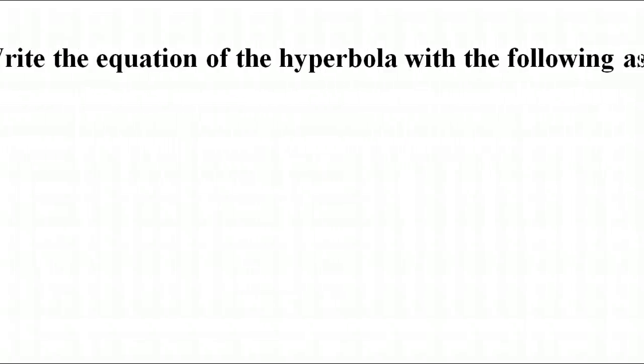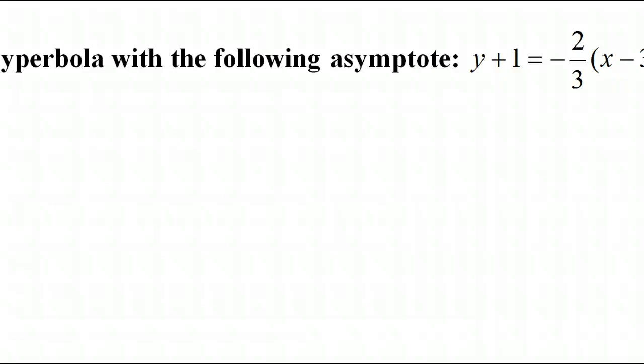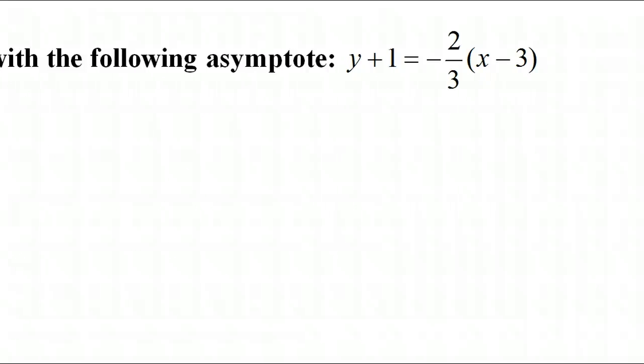Write the equation of the hyperbola with the following asymptote. Okay, well, there's more than one possible answer, but when I was explaining a previous problem to you, you see the y plus 1, okay? So a hyperbola is going to have something minus something, okay?